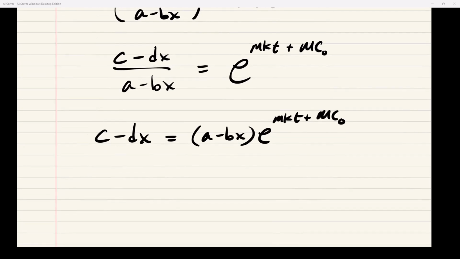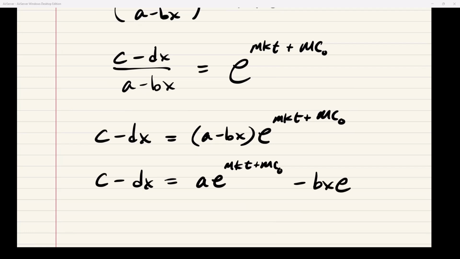And try to get the x on one side, so we could do c minus dx is, let's say, a e^(mkt) plus mc naught, that's a t, minus b x e^(mkt) plus mc naught.